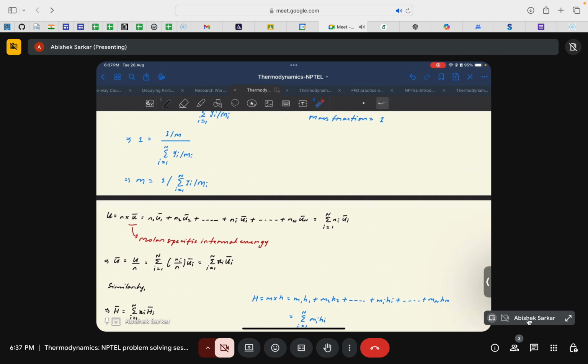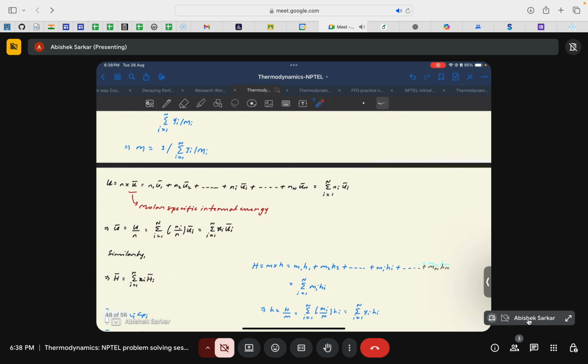So capital U, the total internal energy, would be equal to N1 times u1 bar, where u1 bar is the molar specific internal energy for gas 1. Similarly, you can write N2 u2 bar plus dot dot Ni ui bar plus Nn un bar. Or in a compact manner, capital U is equal to the summation of Ni times ui bar, where the summation varies from i equal to 1 to N.